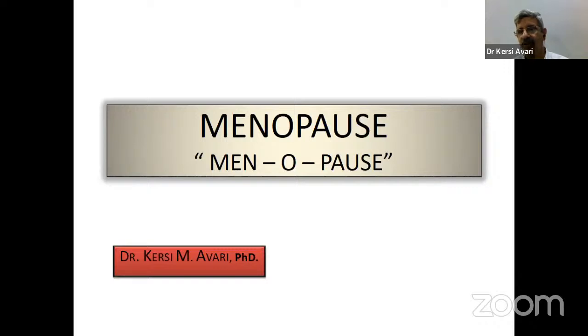So now we move to the better half, the females, menopause. Contrary to andropause. There are two issues, but there are pauses, meaning it's time for you to take a break, whether it happens naturally or hormonally, or it's the law of nature.